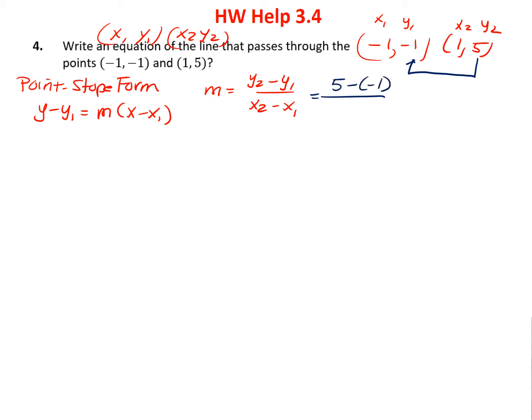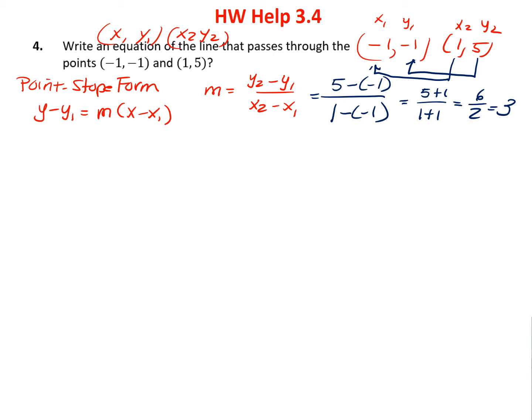Watch your signs here. And the second x, I'm going to go 1 minus -1. Now, minus a -1 becomes 5 plus 1, and minus a -1 becomes 1 plus 1. So I end up with 6 over 2, which reduces to 3.